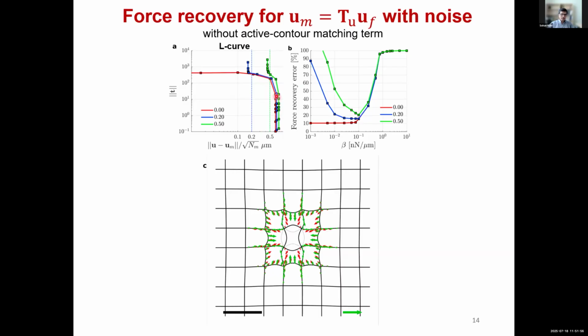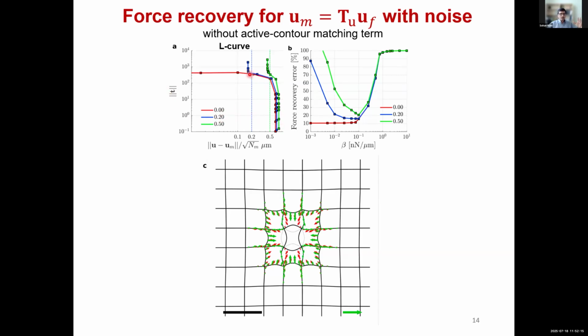So what we are doing is we are trying to match the data, the measurements, better and better. And if there are no errors, then we see that we can match them pretty well while not increasing the forces too much. But that's not the case if there are errors in the data, like in the blue curve.